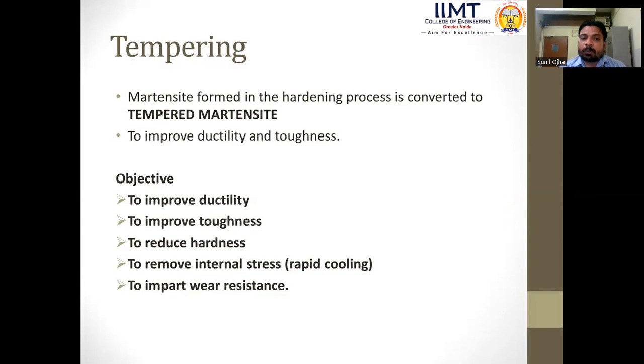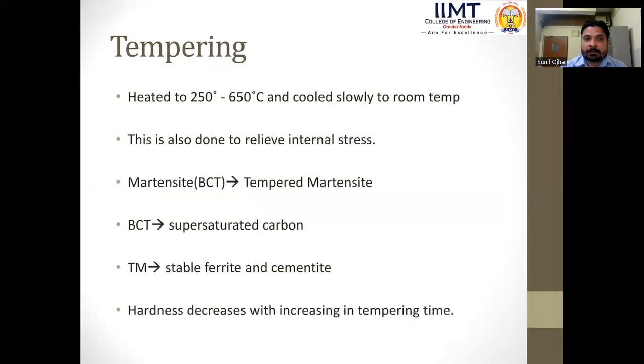The main objectives are to improve ductility and toughness, to reduce the hardness, to remove the internal stresses resulting from rapid cooling, which were stored in the material during hardening, and to impart wear resistance.